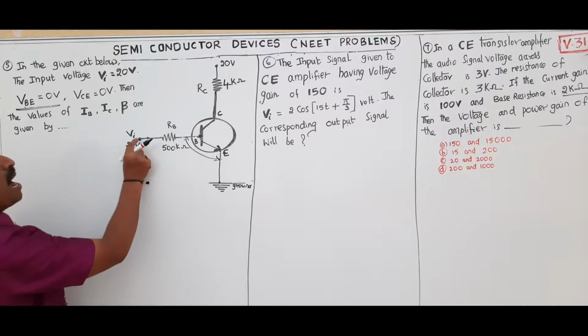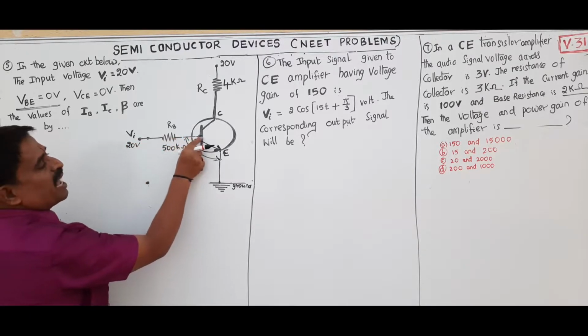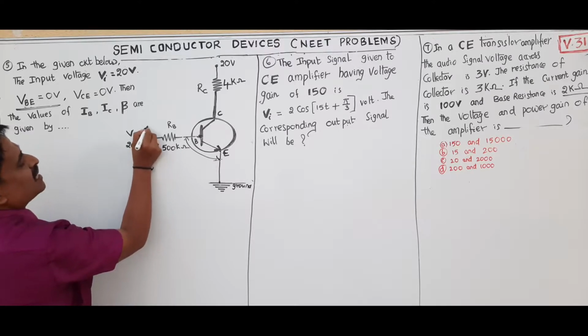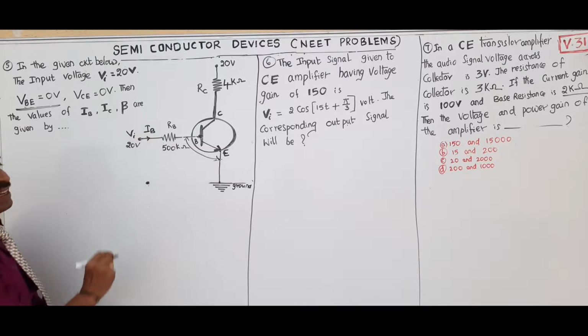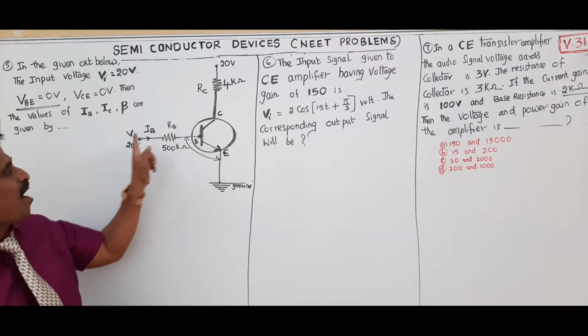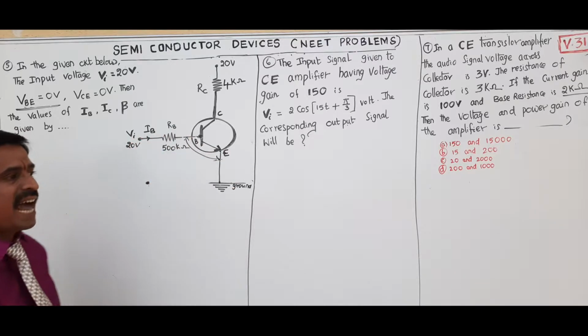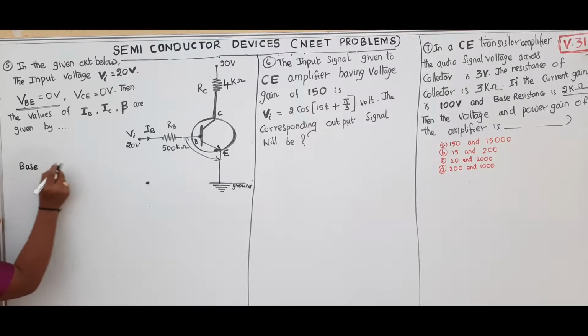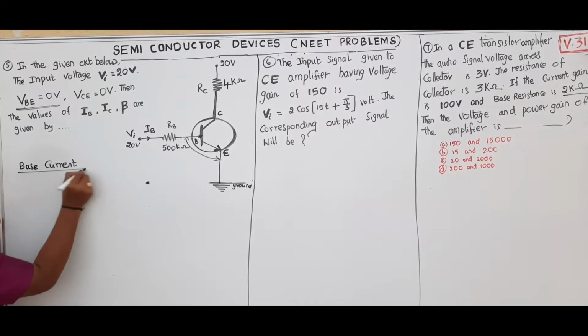Current flows from a higher potential to a lower potential. This current we are calling the base current.